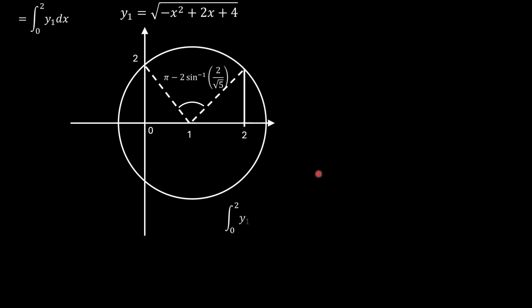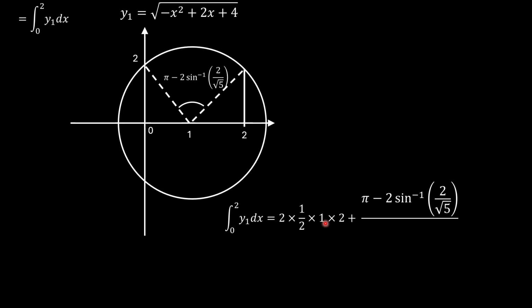So the integral of y1 is equal to twice the area of the triangles, half times base, which is 1, times height, which is 2, plus the area of the sector, which is pi minus 2 arcsine of 2 over root 5, because this angle here is the arcsine of height 2 over hypotenuse root 5. We have two of these angles, and the entire angle is pi, or 180 degrees.